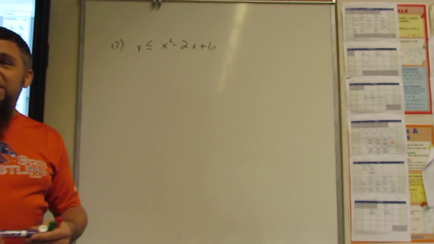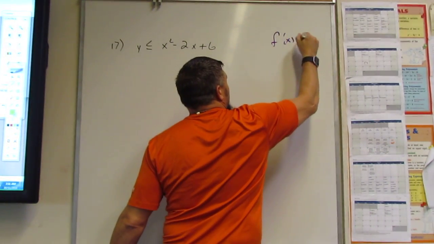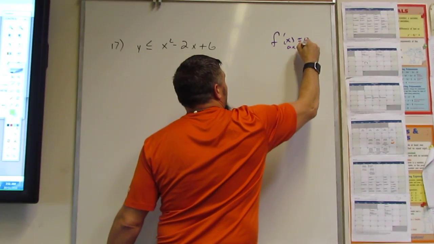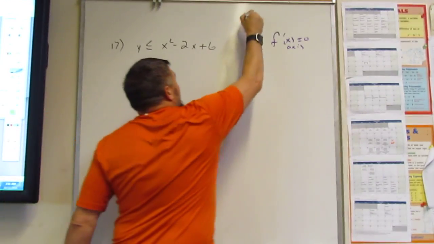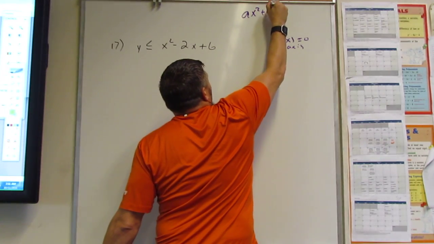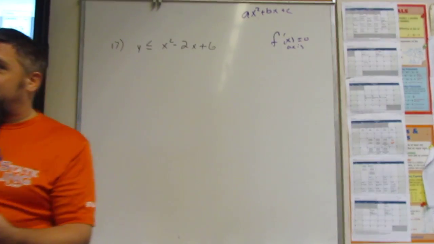Okay? First step is find f prime of x is equal to 0. That's your axis. Another way to remember this, remember quadratic formula is ax squared plus bx plus c. That's where it all begins, a, b, and c.